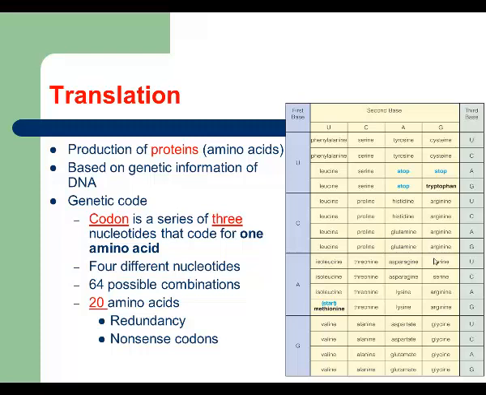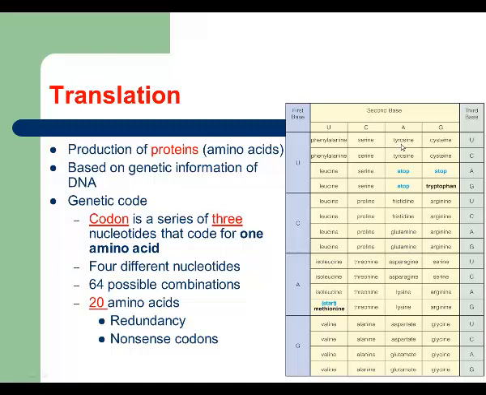Each amino acid is made of 3 bases. This is what we call a codon, 3 nucleoside bases that code for 1 amino acid. For example, let's look at this chart. Let's look at this amino acid called tyrosine.